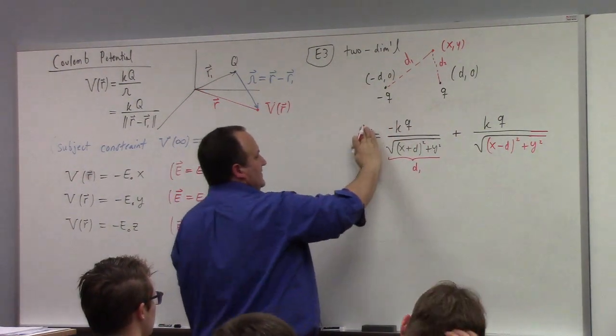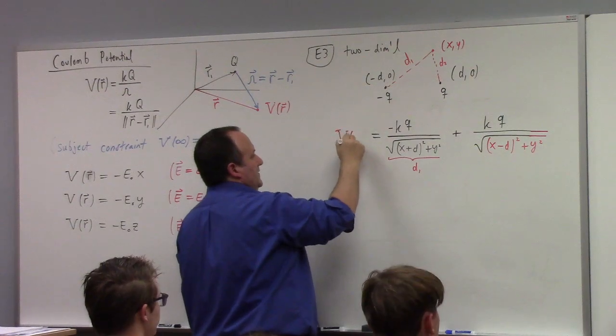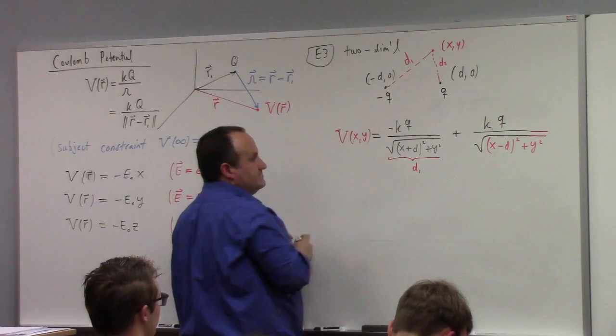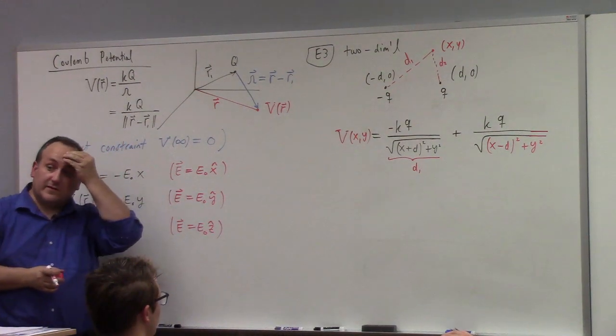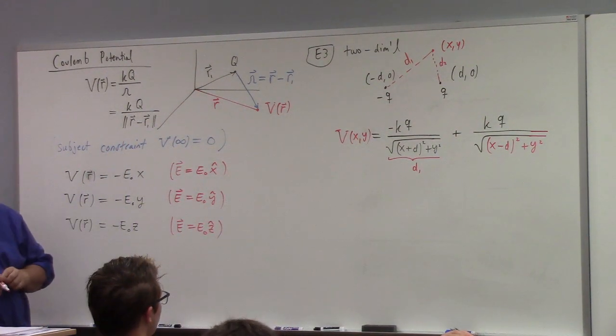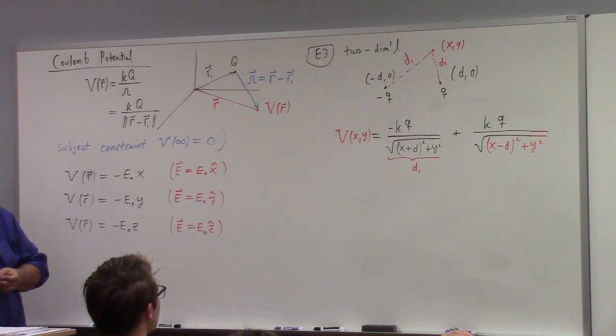And this gives us the voltage for the dipole, just like that. And obviously it's subject to the constraint that the voltage is 0 at infinity.